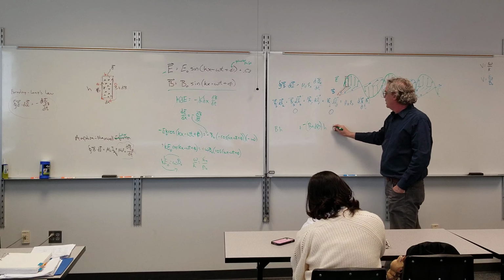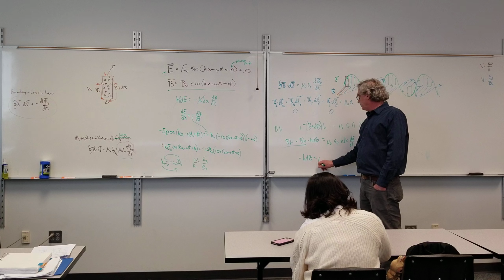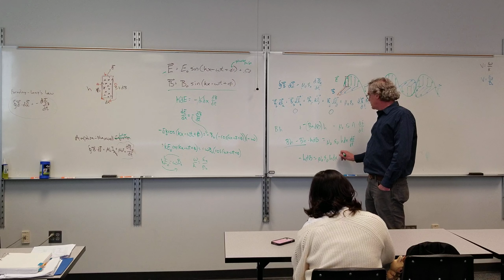Obviously, got some canceling out there, so I have negative H dB equals mu naught epsilon sub naught H dx times dE dt. H goes away, and then I divide by dx. Same process as before, except now I end up with negative dB dx equals mu naught epsilon sub naught dE dt.